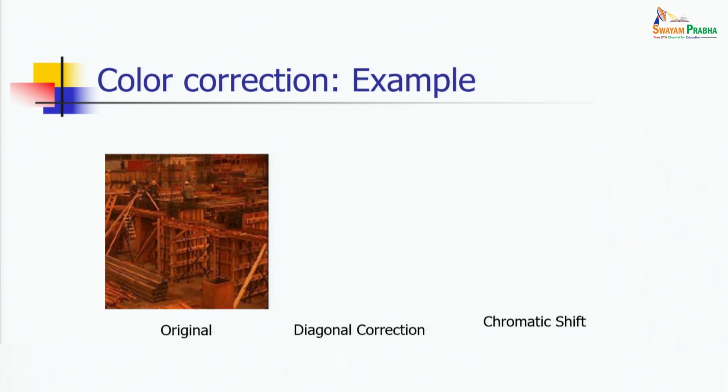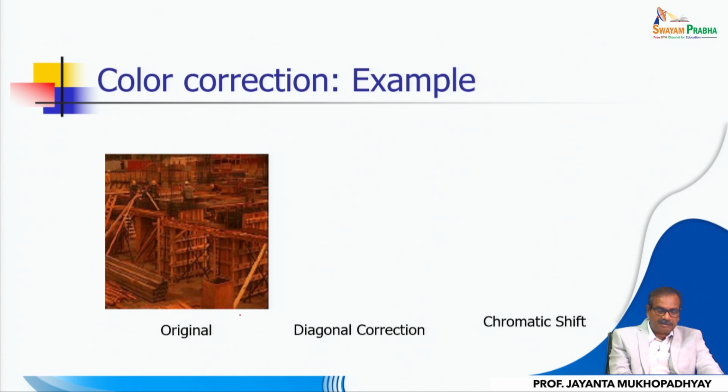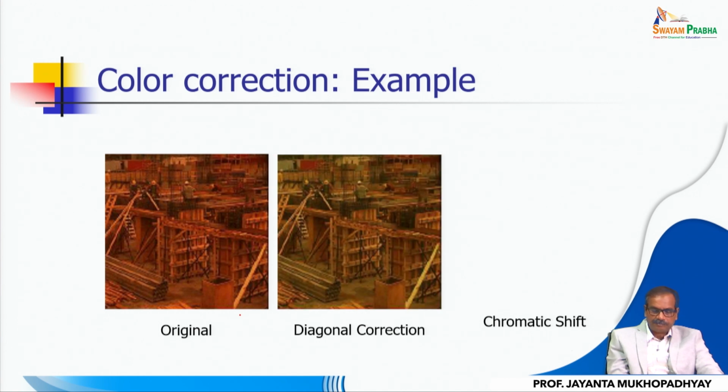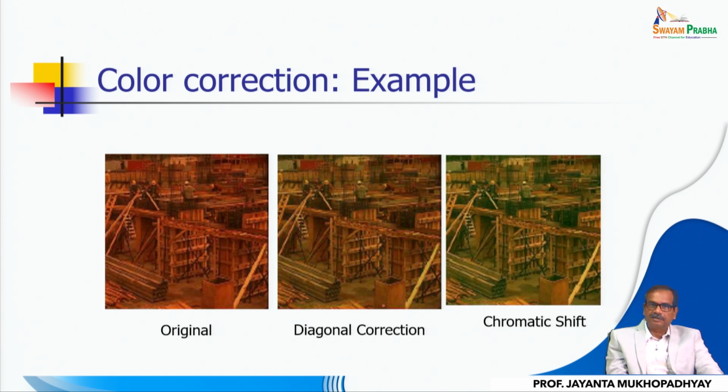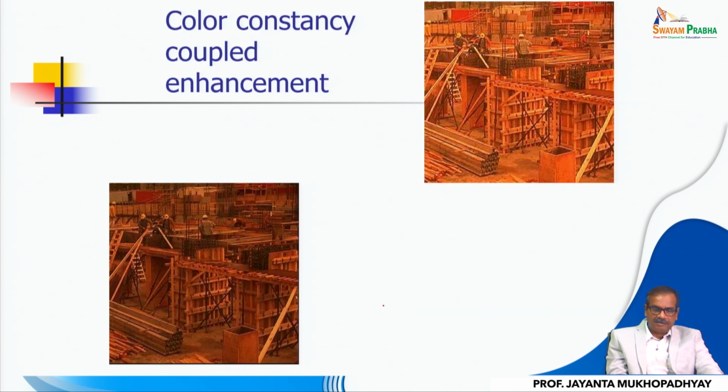Say this is the original image. I have shown this image earlier also. It's a kind of manufacturing unit, and it's a bit artificially illuminated, maybe because of certain constraints. If I perform diagonal correction, it looks like this. If I perform chromatic shift, it looks like this. Now these are all performed in the compressed domain.